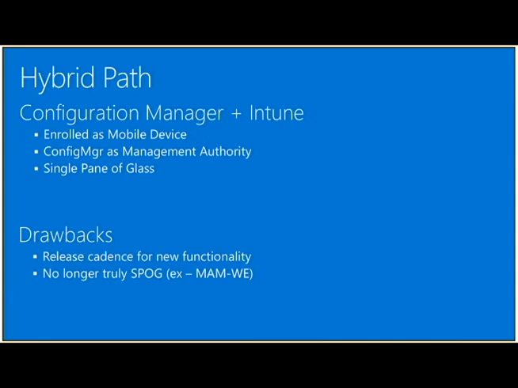That was introduced very early on into the Intune standalone platform, but it took a while until that was available in the config manager platform. And even now, there are still some limitations around that.